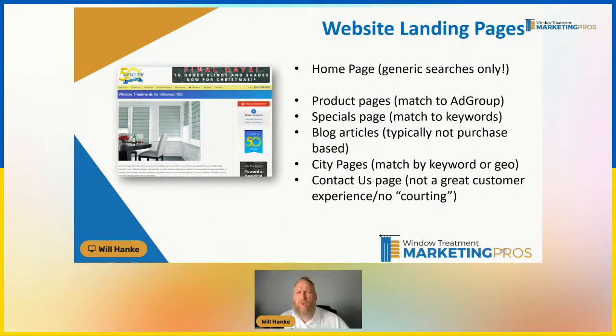We don't really ever run ads to a website's homepage. The only way we would do that is if it was just brand exposure, just trying to get more people to know about the brand. But that's not really what we do. We run ads to generate leads, right? So that is that.